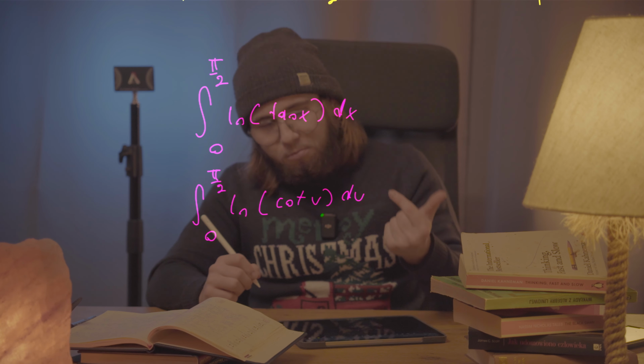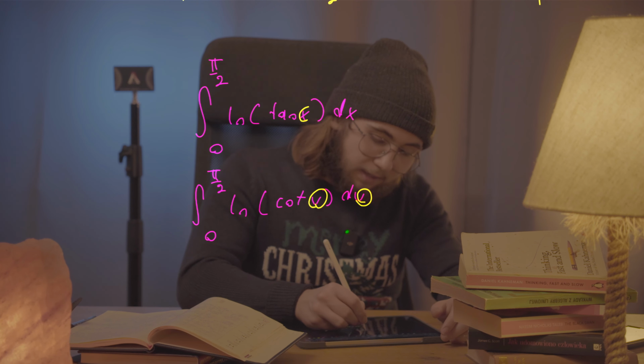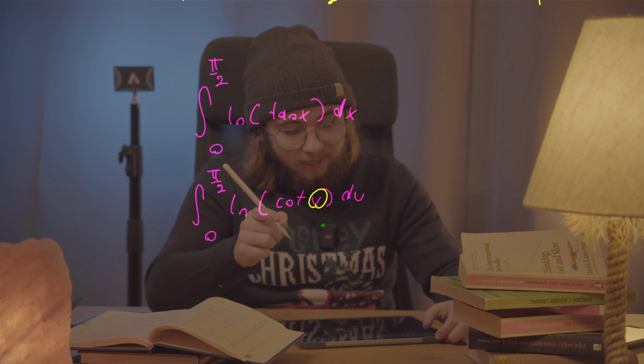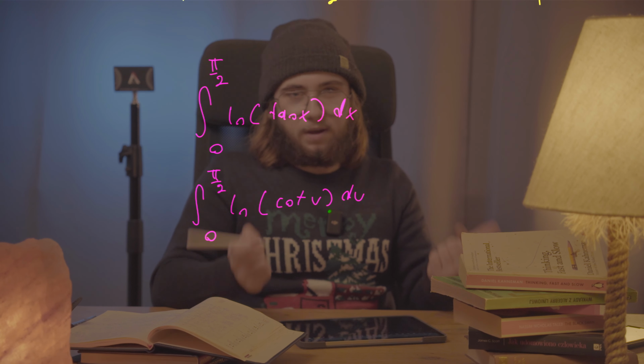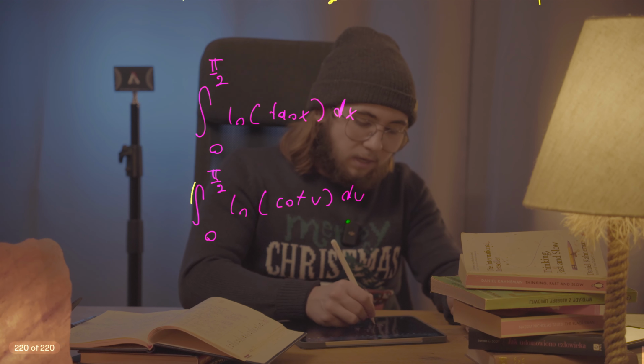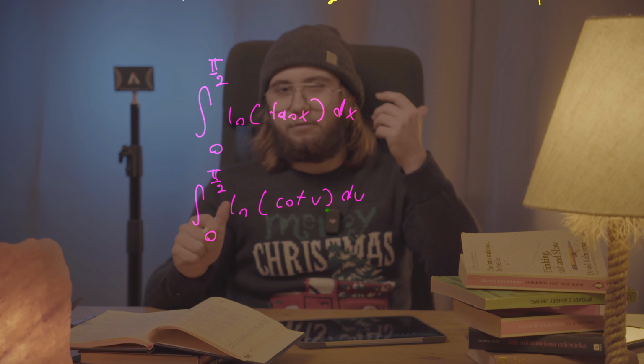I can't really do it because I have different variables. I've got u here and an x here, but the nice thing is that both of those integrals are definite integrals, so they're just a numerical value.